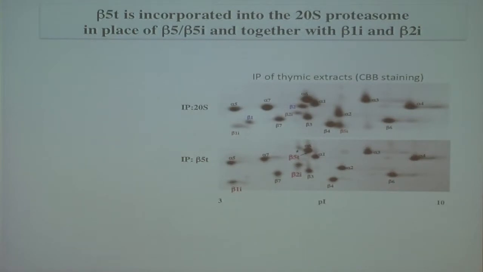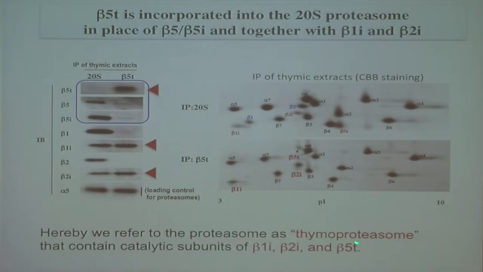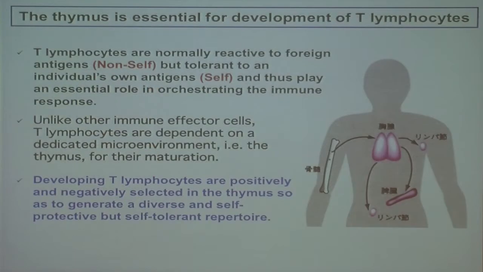And then we identified the partner active site subunits. As I show here, this proteasome containing beta 5t also contains beta 1i and beta 2i, the immunoproteasome subunits. So therefore, we refer to this complex as the thymoproteasome. What is the thymus? The thymus is essential for the development of T lymphocytes.